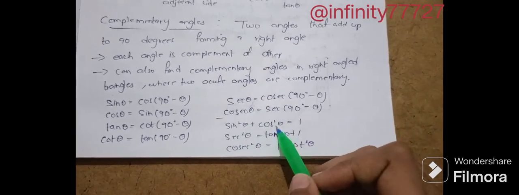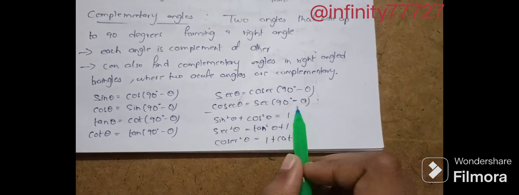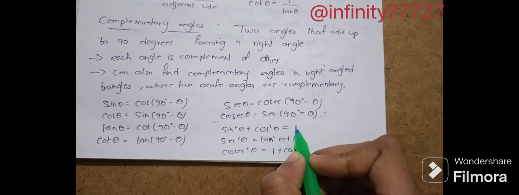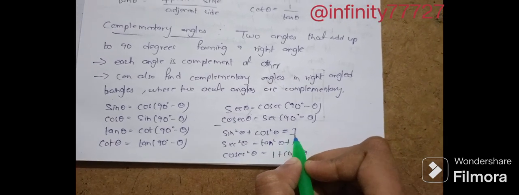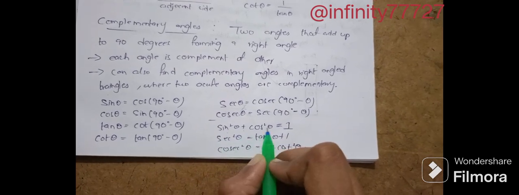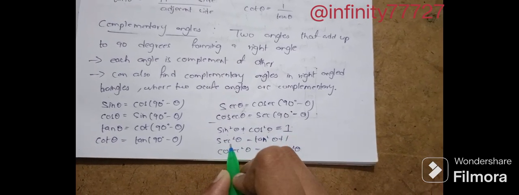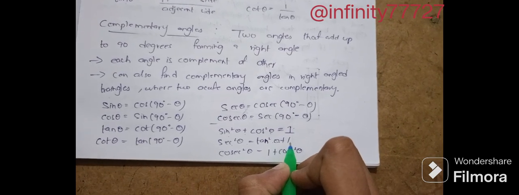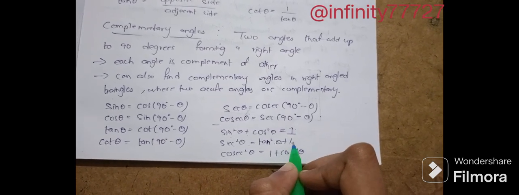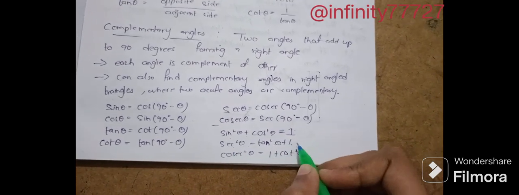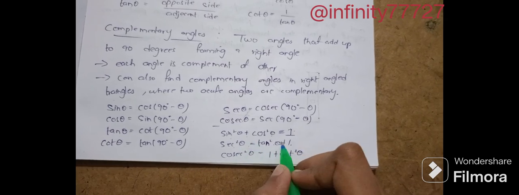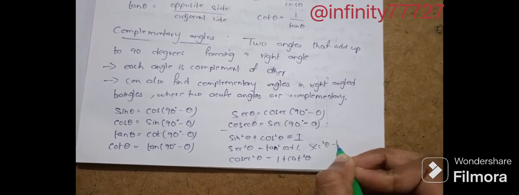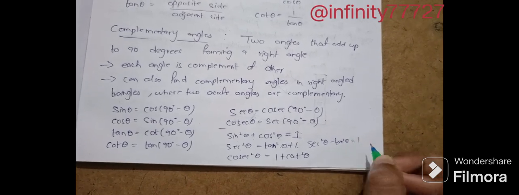And here we also have some trigonometric identities, that is, for which value it will be equal to 1. Here sin square theta plus cos square theta is equal to 1, secant square theta is equal to tan square theta plus 1. So if you want to get the value 1, it will be secant square theta minus tan square theta is equal to 1.